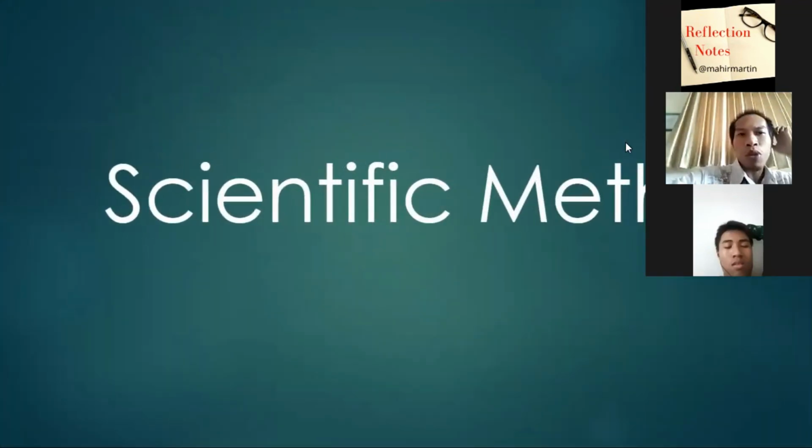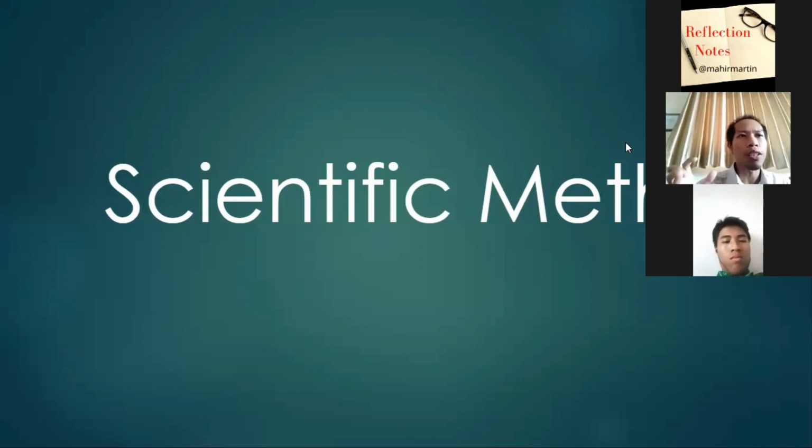The thing that I want to explain in lesson 4 is scientific methods. As we know, chemistry is one of the sciences. So when you want to study chemistry, you have to know the scientific ways or method to observe something. You will not observe something in normal ways.